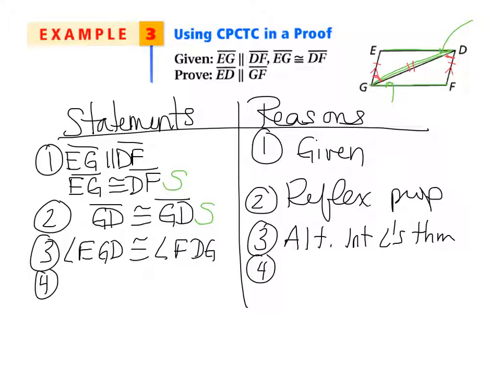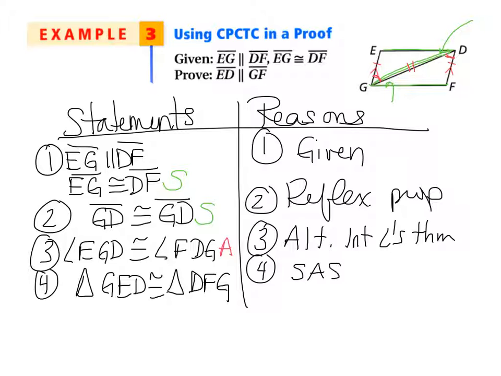I have an angle, a side, and another angle. So I can say triangle GED is congruent to triangle DFG because of side, angle, side.